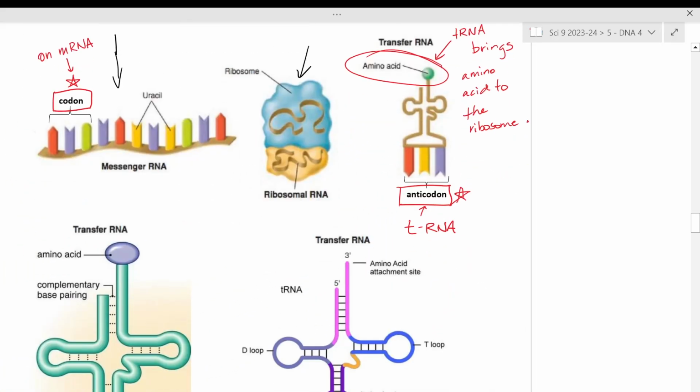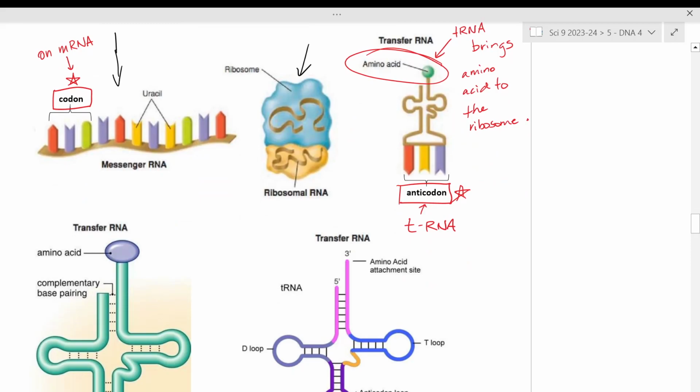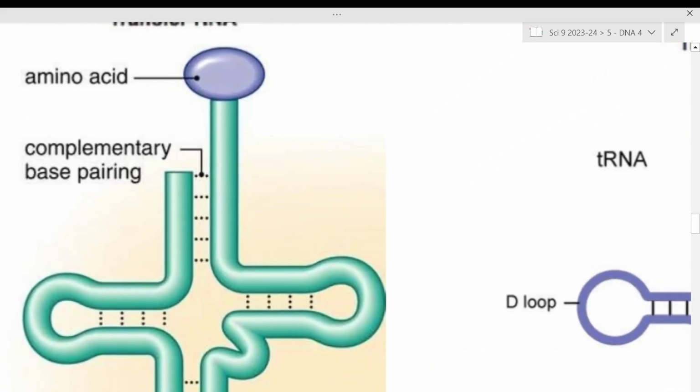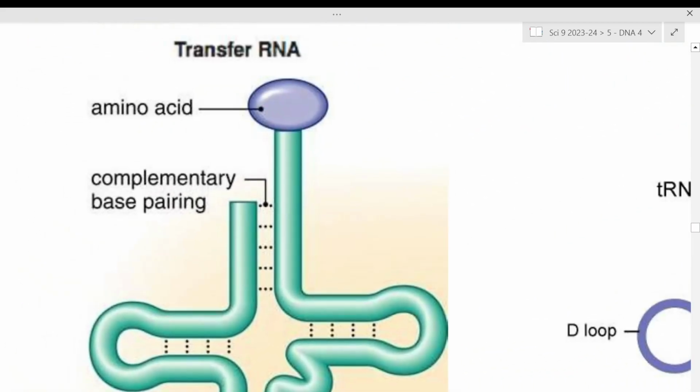Okay, and then we just have more pictures. And it's kind of cool because you can see how the transfer RNA takes on that T shape. You know how DNA, the bases match up in the middle? Well, RNA actually does that with itself. You end up with complementary base pairing.